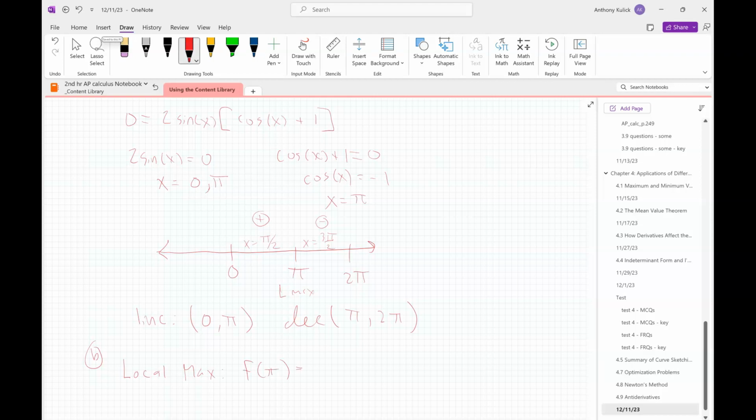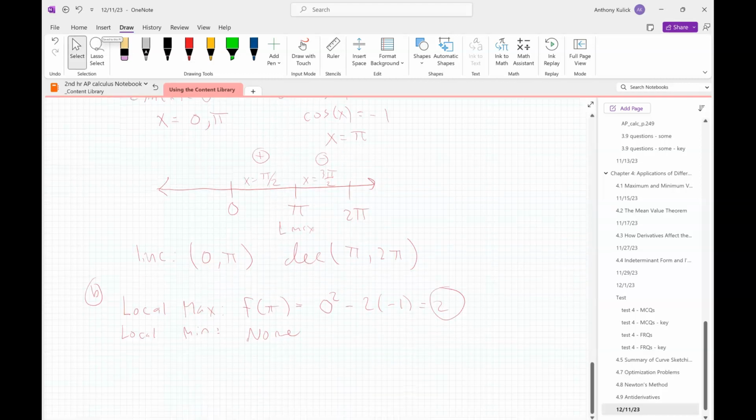When I plug that into f, sine of pi is 0, and cosine of pi is -1. That was our only critical value, so there is no local minimum here. I think if you had version 1, there would have been both, because you had more critical values.